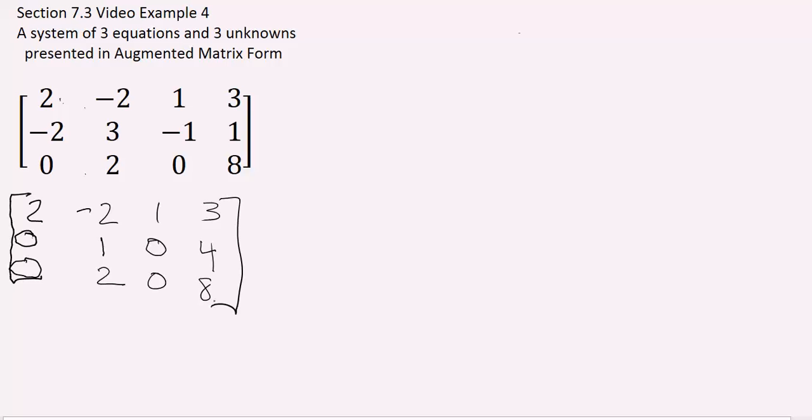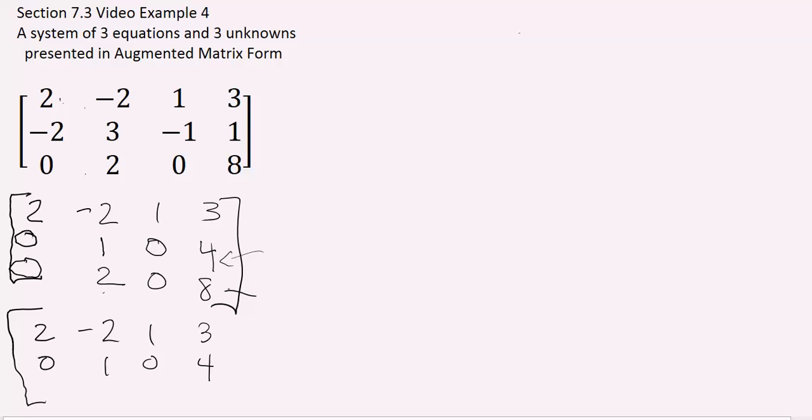And now we're ready for still one more step to try and get rid of the 2 here on the bottom. So we'll copy the first 2 rows down. But now to get rid of the 2 in the last row, we're going to take a combination of rows 2 and 3 and operate off those.